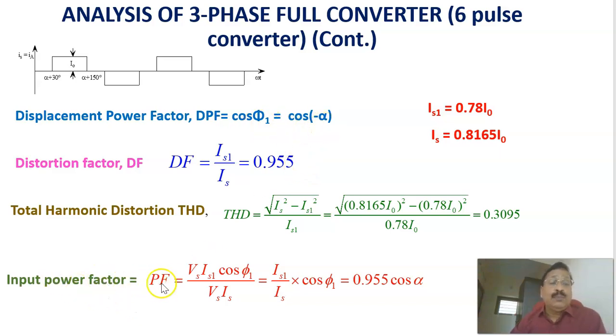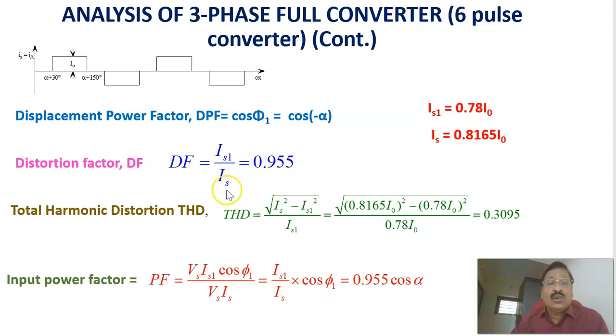The total input power factor of the line is equal to the fundamental active power divided by the apparent power. Therefore, Vs into IS1 into cos phi1 is the fundamental active power, divided by the apparent power Vs into Is. Vs cancels, leaving IS1 divided by Is into cos phi1.